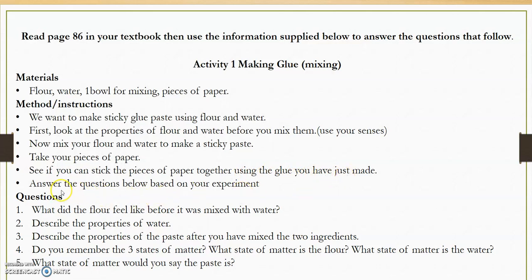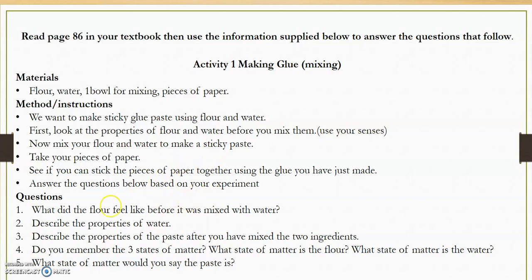Then once you're done with that, I want you to answer the questions below based on your experiment. So you've put flour and you've put your water, you've created this sticky paste, and then you've taken your papers that you've ripped from the newspaper, and then you try and stick them together.